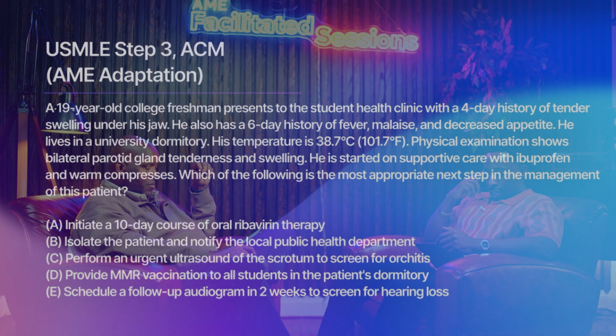I see more of the management. So isolate the patient, public health department. Public health prevention, which is a competency on step 3. Exactly. You're required to look at community health concerns. Isn't that interesting? See how they work that in there? Okay.